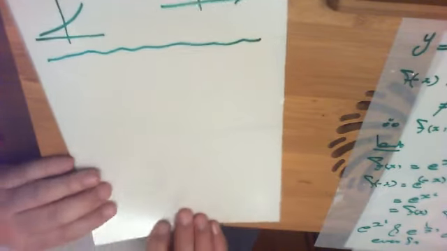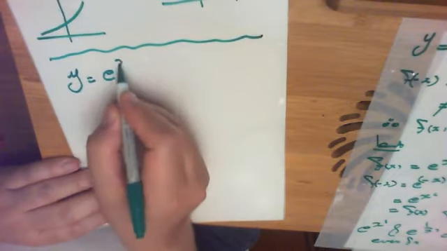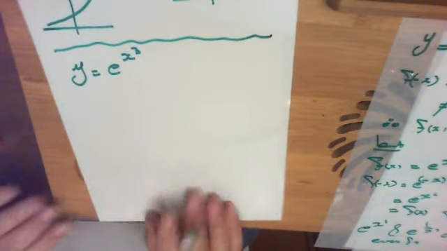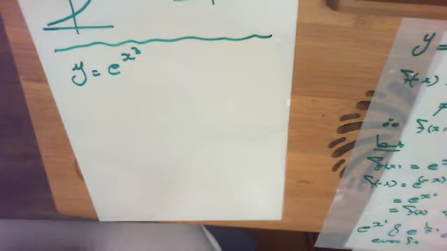Let us go back to our problem, y equals e to x cubed. Before drawing the function, let us take some information about it. When x equals 0, this function will be e to 0, which is 1. When x equals 1, this function will be e.